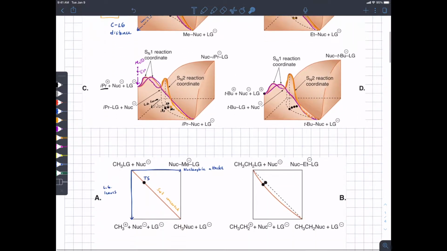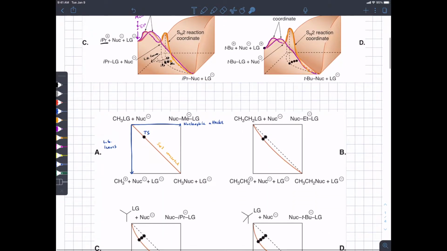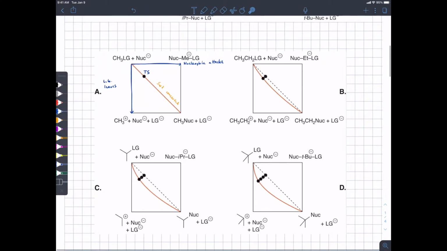And we see this is true not only for the primary alkyl halide electrophile, but also if we have a secondary leaving group, there the secondary carbocation is more stable, so this corner of our potential energy surface goes down in energy, and that has the effect of pulling the transition state towards that corner.